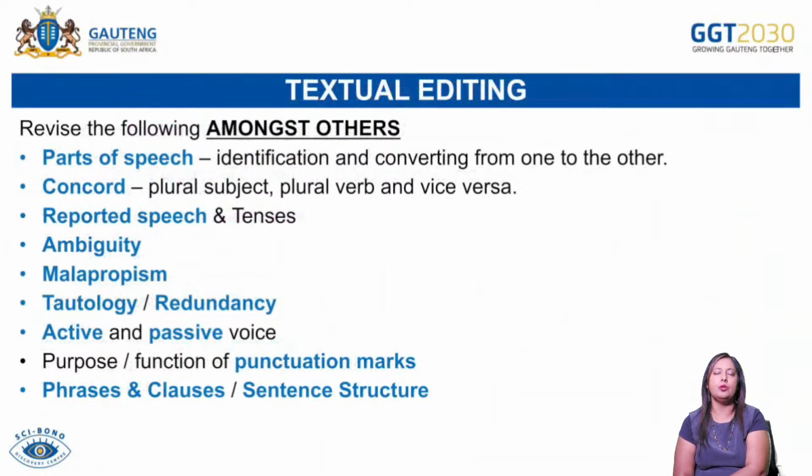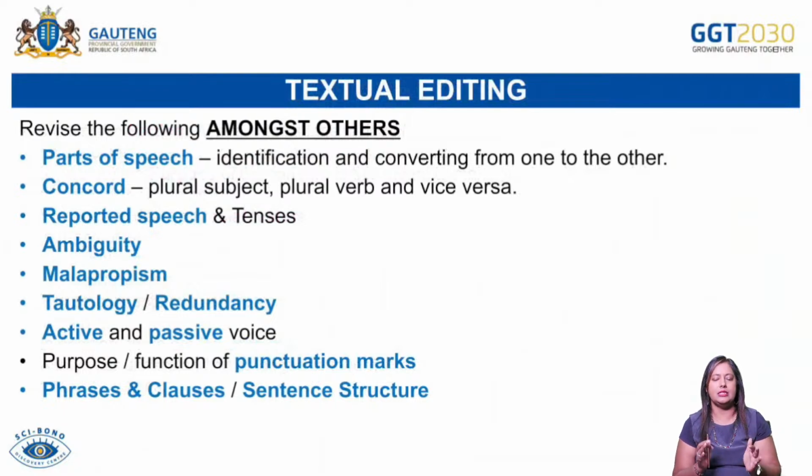And then the final question of the paper is the textual editing one, question 5. All right, please grade 12s, go back and look at the past 3 years of papers as a task that has to be done. All right, and then if you're going to go to the 2 years prior to the last 3 years, then that's also fine if you're having the time to do that.